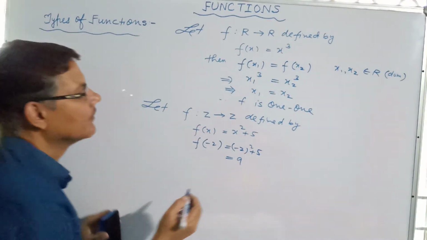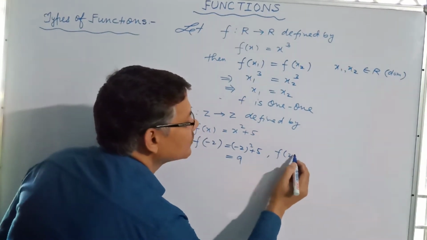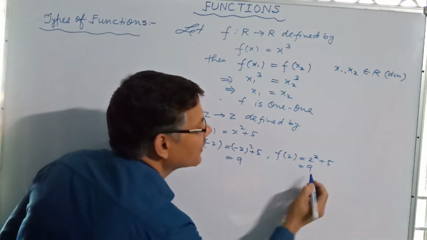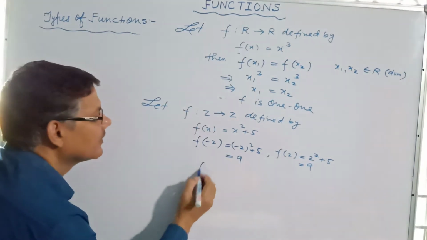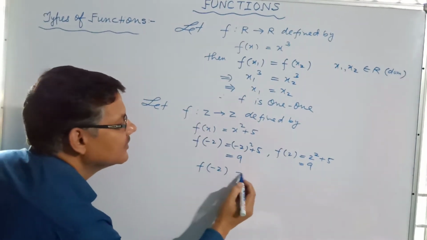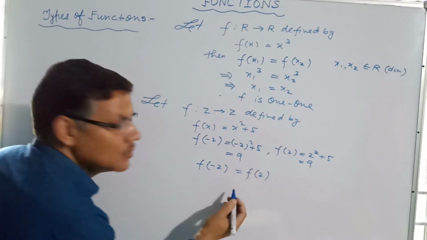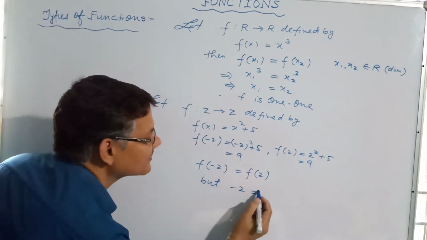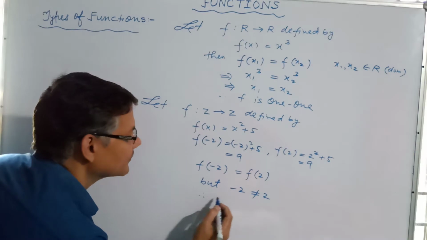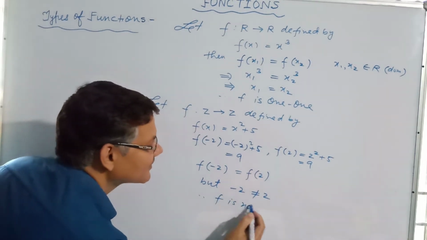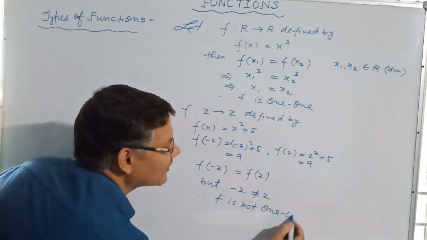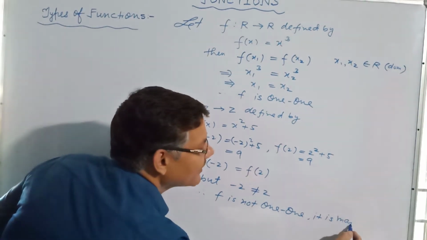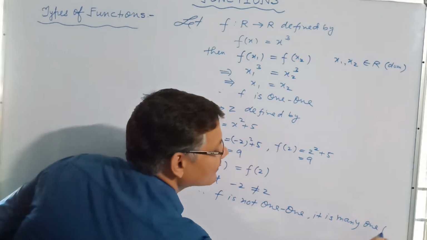At the same time, if we calculate for 2, it also comes 2 square plus 5, equal to 9. From here we get f(minus 2) equals the image of 2 under f, but minus 2 is not equal to 2. Therefore, f is not one-one. It is a many-one function.